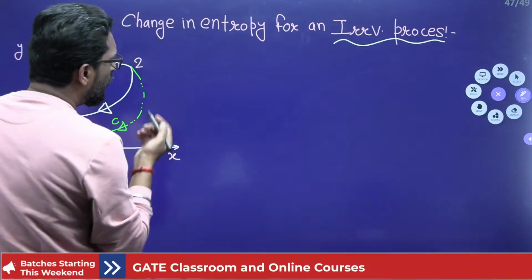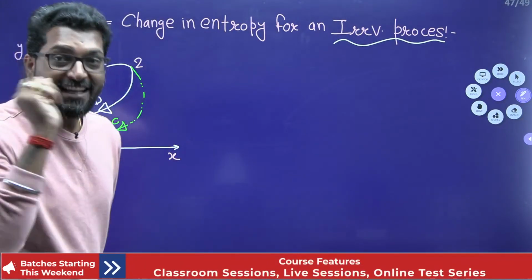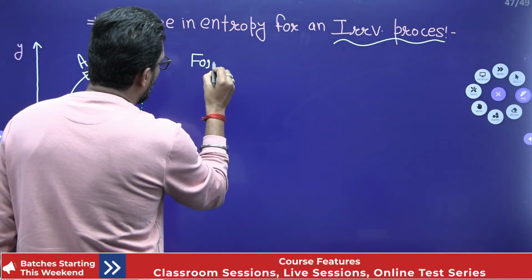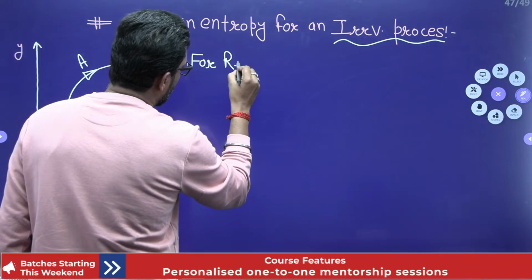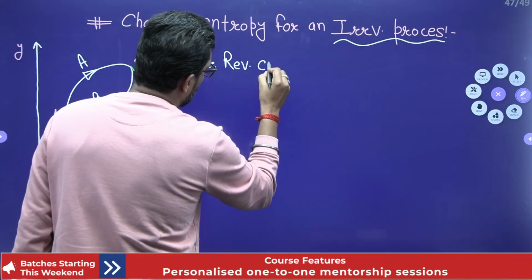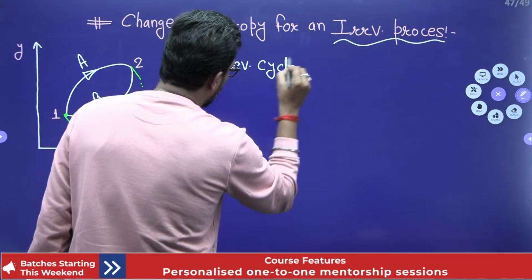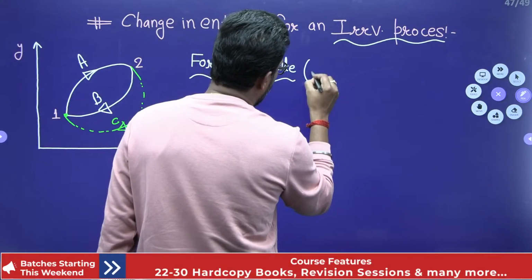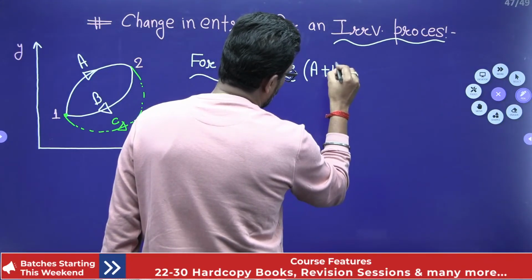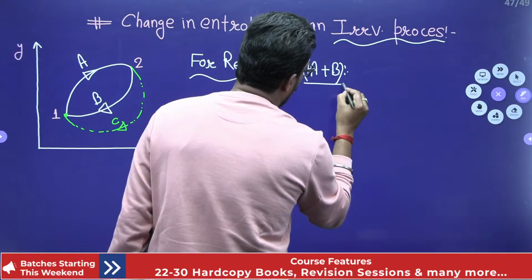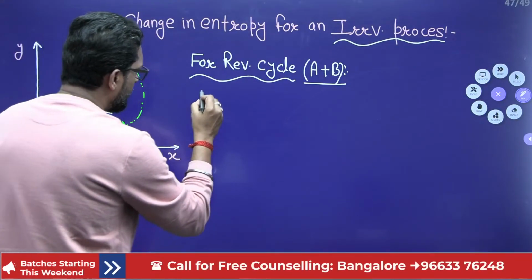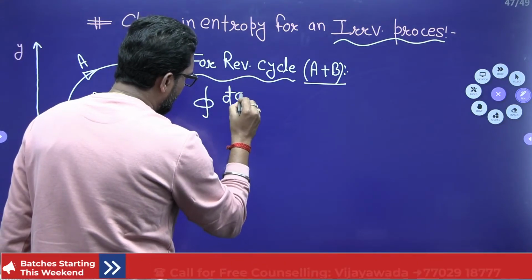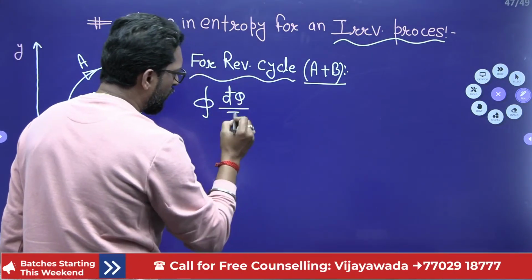So we know from the second law of thermodynamics, for the reversible cycle, A plus B, the cyclic integral of dq by T for the reversible is equal to 0.